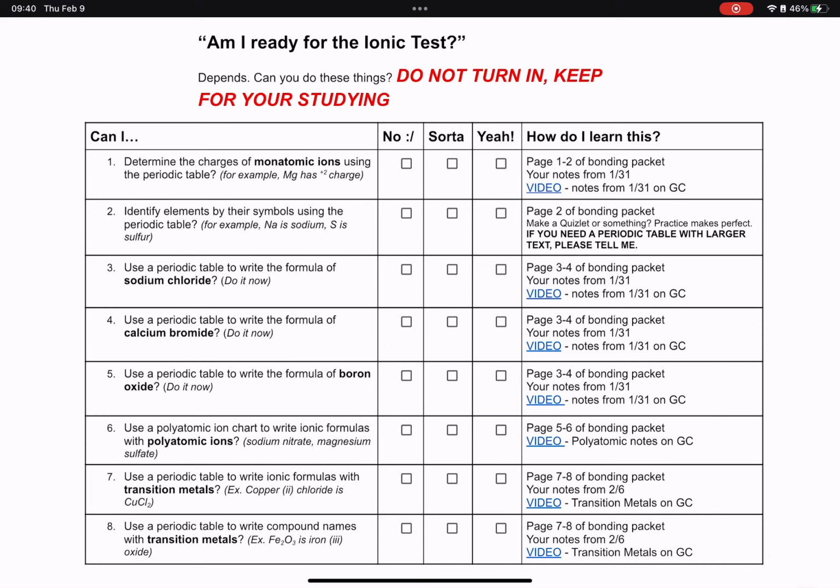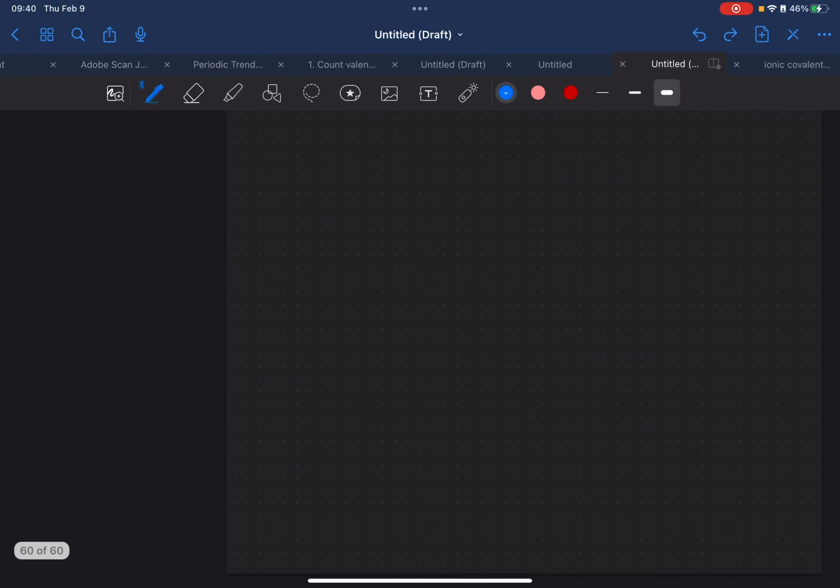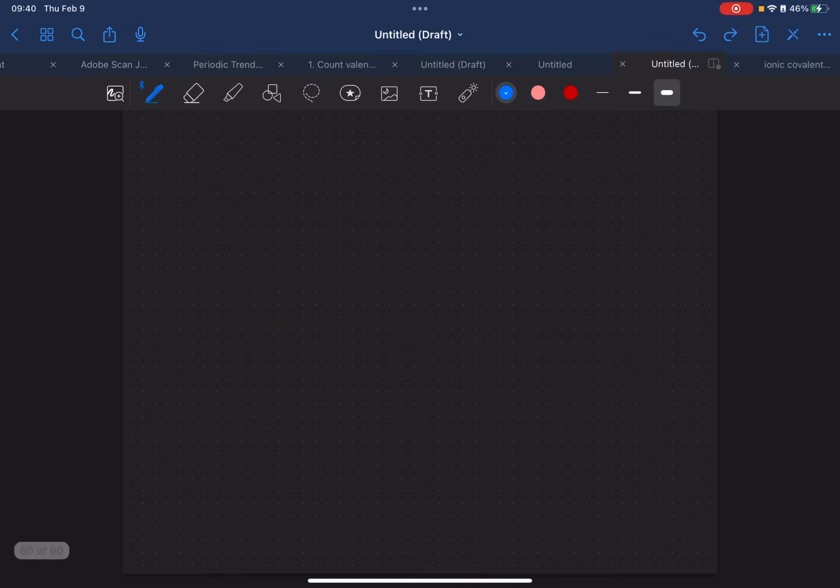Number 2 is to identify elements by their symbols using the periodic table. So for example, Na is sodium, S is sulfur. All this means is if I tell you that that is an element symbol, can you look at your periodic table and find it and tell me the name of the element? This is really just a scavenger hunt.